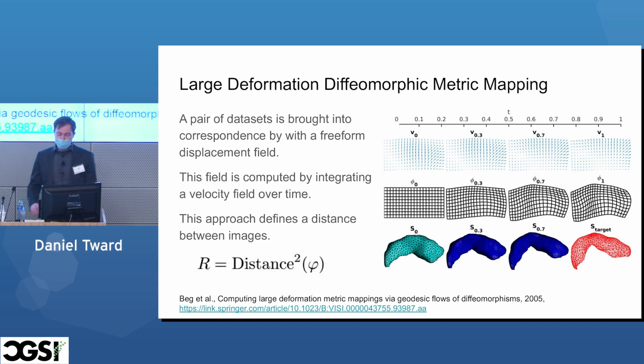The idea here is if we have two imaging data sets at the bottom left, this is a surface that describes the hippocampus in the brain of one image. At the bottom right is the hippocampus of the brain in another image. To go about aligning them, we'll first lay out a time axis. Here, time is parameterized between 0 and 1.